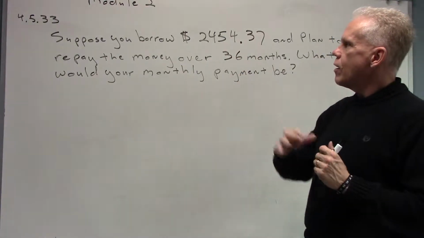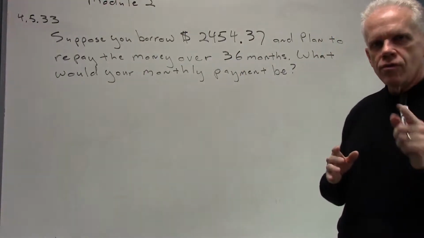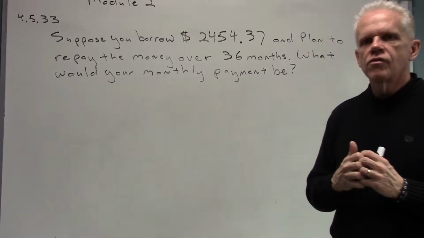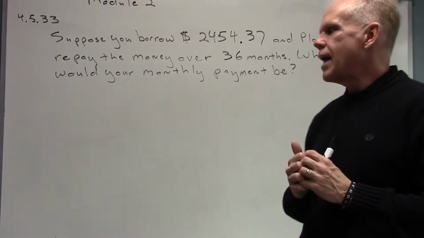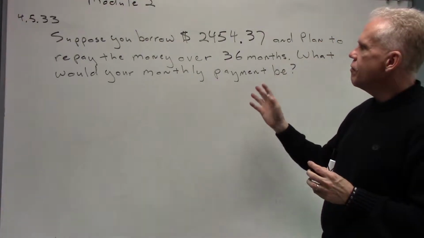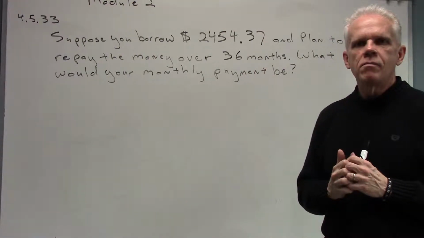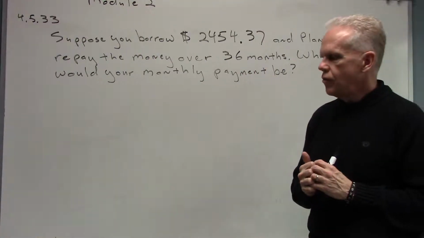So you borrow this money and buy some new furniture and you decide, I'm going to pay this back over a 36-month time frame. How would I figure out what my monthly payment would be in this situation?